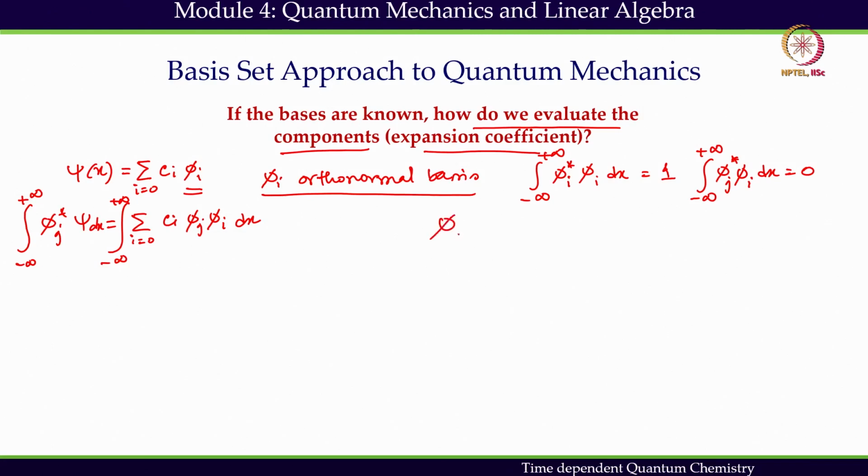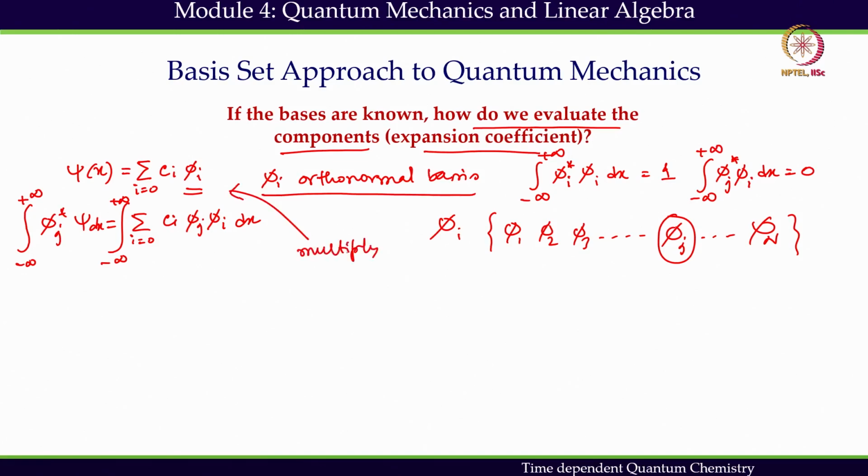So, we had a basis phi I, which means phi 1, phi 2, phi 3, dot dot dot, phi j, dot dot dot, phi n, all these basis functions we have. What we have done is selected one particular phi j and then multiplied phi j star from the left. So, we are multiplying from the left and then integrating.